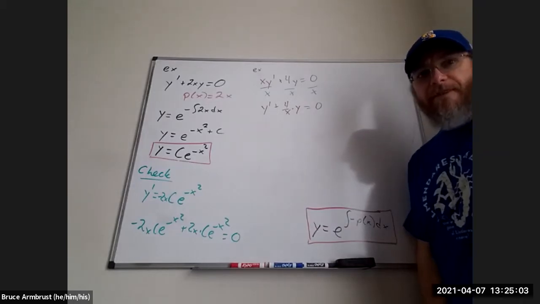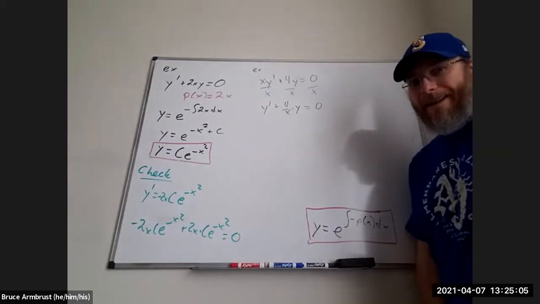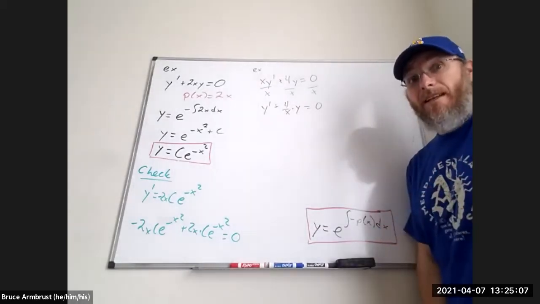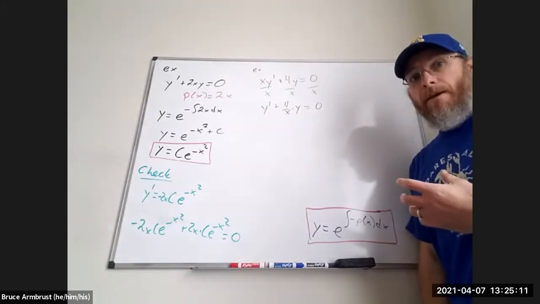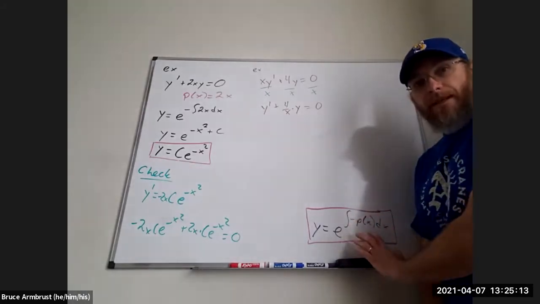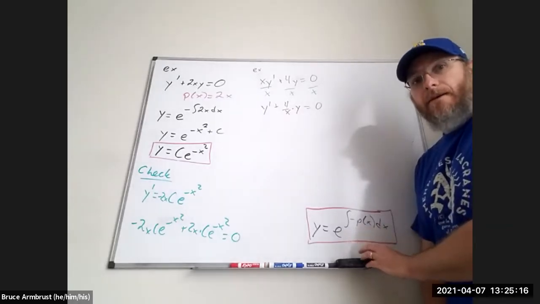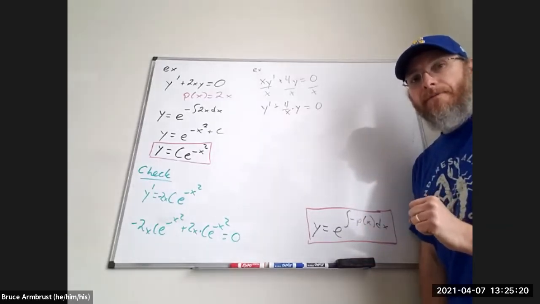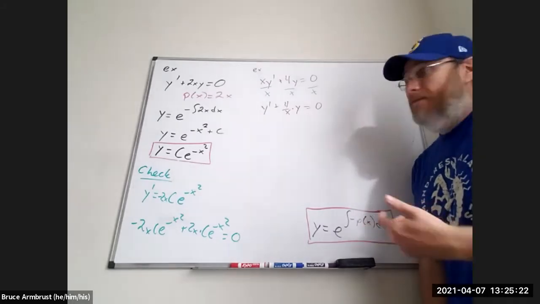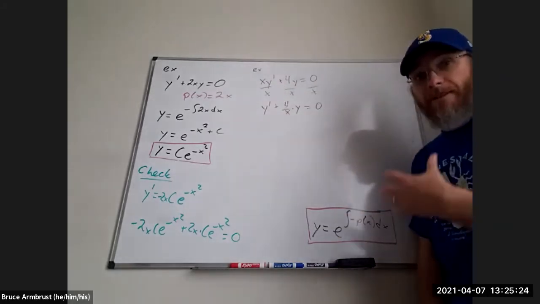The only thing that you do have to watch out for is that it's in the right form. And to jump to this solution that we've got boxed, we need it to be y prime all by itself. But that's easy enough to take care of. Whatever's in front of that y prime, just divide everything by it.